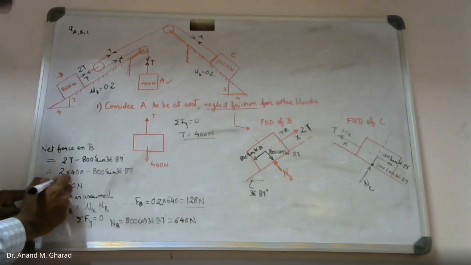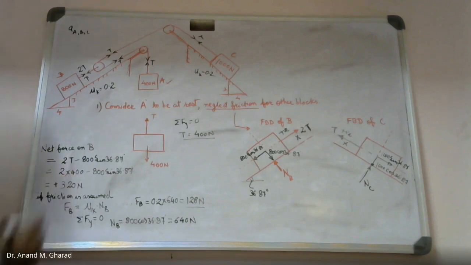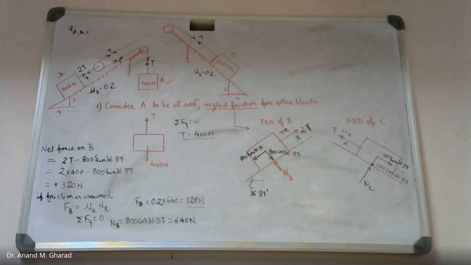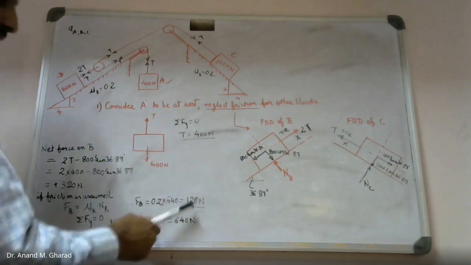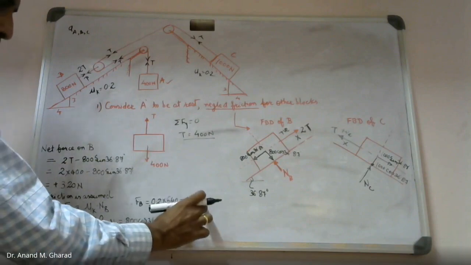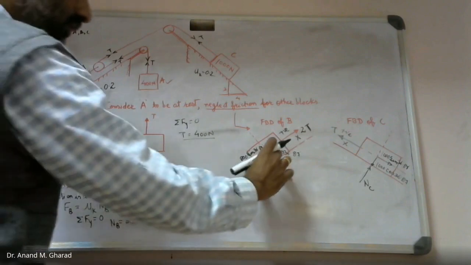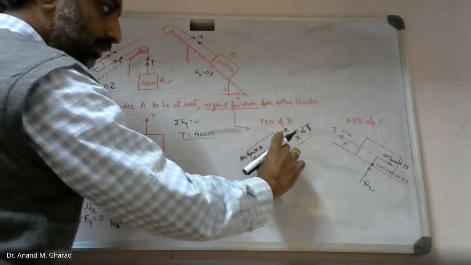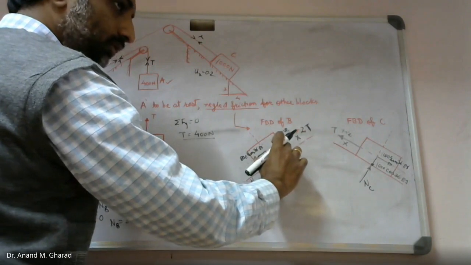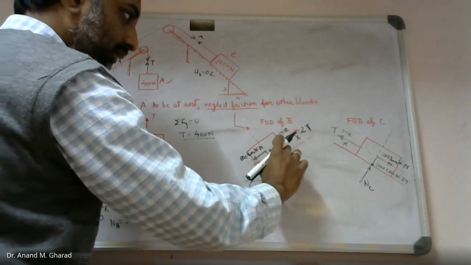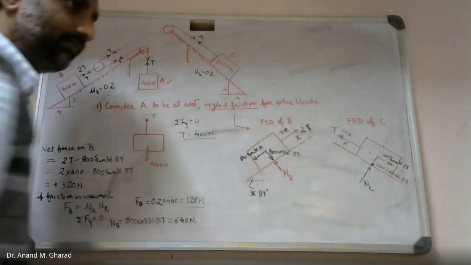And if you observe, this value comes out to be positive. So what do we interpret from this? Even this frictional resistance of 128 Newton is not sufficient enough for this block to move. It will not stop it moving in the upward direction. Am I right?